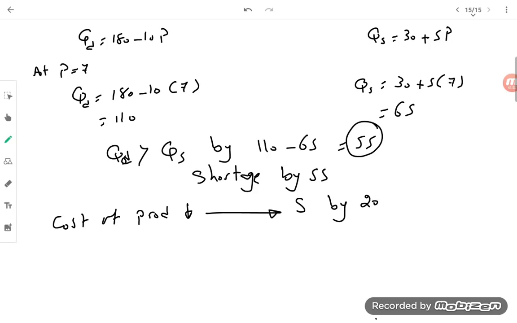Cost of production is one of the factors that affect supply, which means that there is no change in demand. So the demand function will be the same: QD equals 180 minus 10p, while QS equals the old one, 30 plus 5p. And now cost of production decreased, which means that supply is going to increase by 20 at each price level. So we are going to change the intercepts.